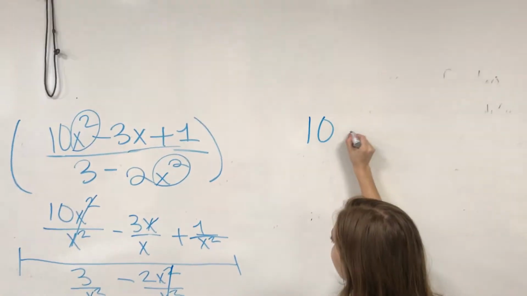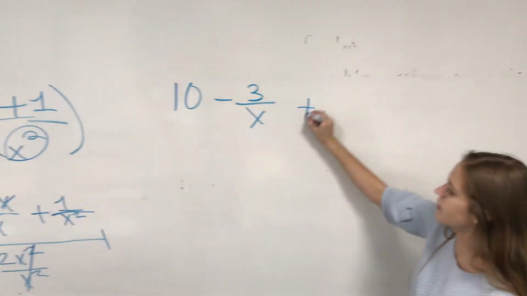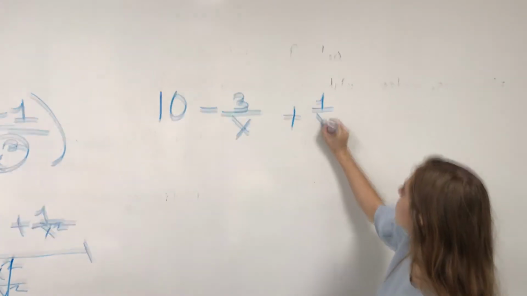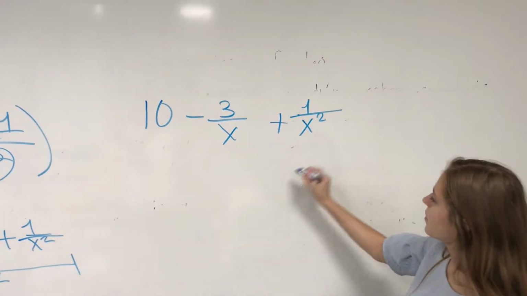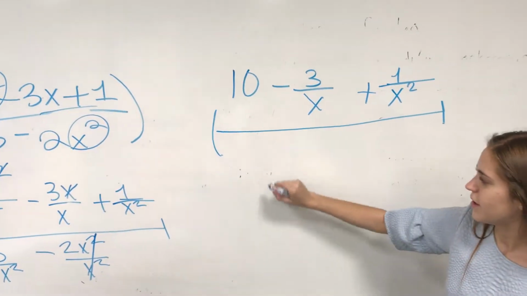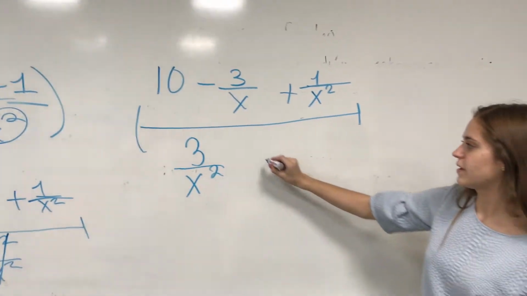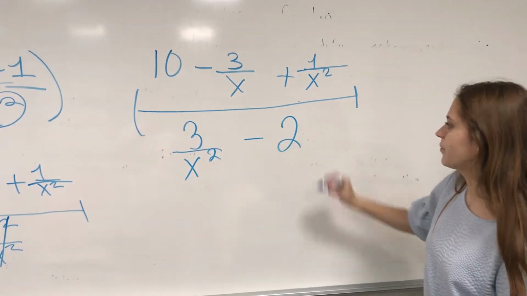So we're gonna be left with 10 minus 3x plus 1x to the second power divided by 3x to the second power minus 2.